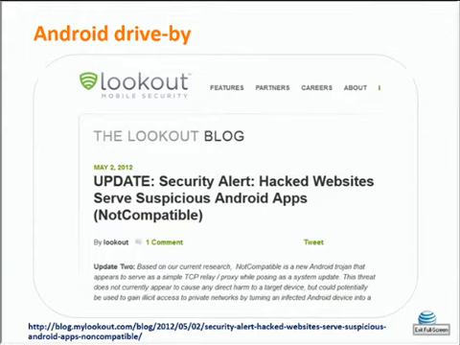And there have been some targeted Android drive-by kinds of things in the past, but this is the first one that has made it out into the wild, other than a couple of niche, really targeted attacks.